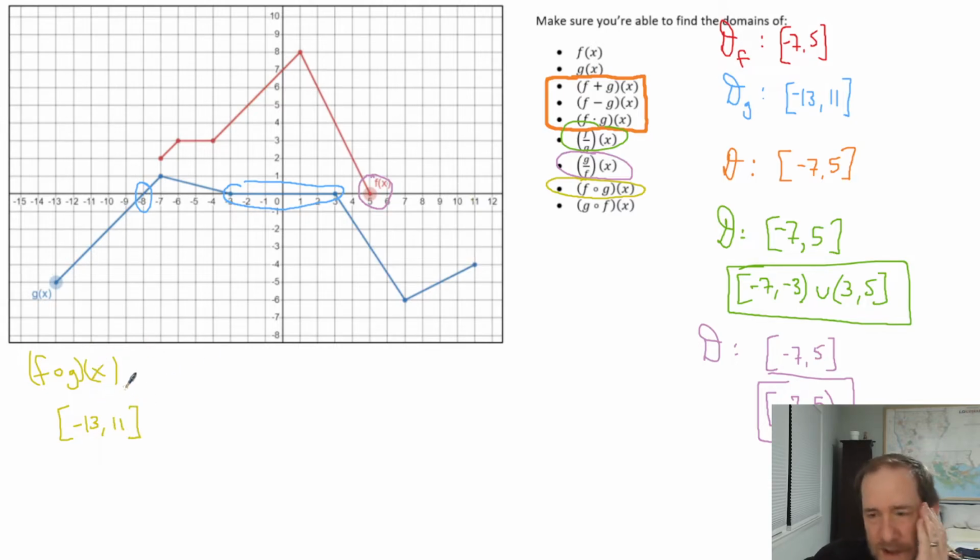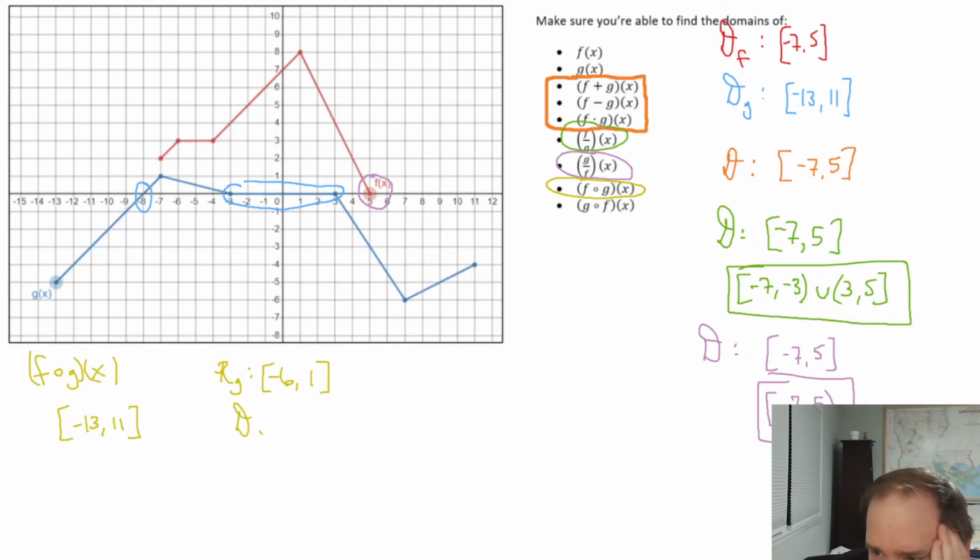Now you're going to take out any more values of x if g maps onto values that are not in the domain of f. So basically you want to consider the range of g. Think about who does g map onto, and g has a min of -6, and g has a max of only 1. So it's got this wide domain, but a relatively skinny range.